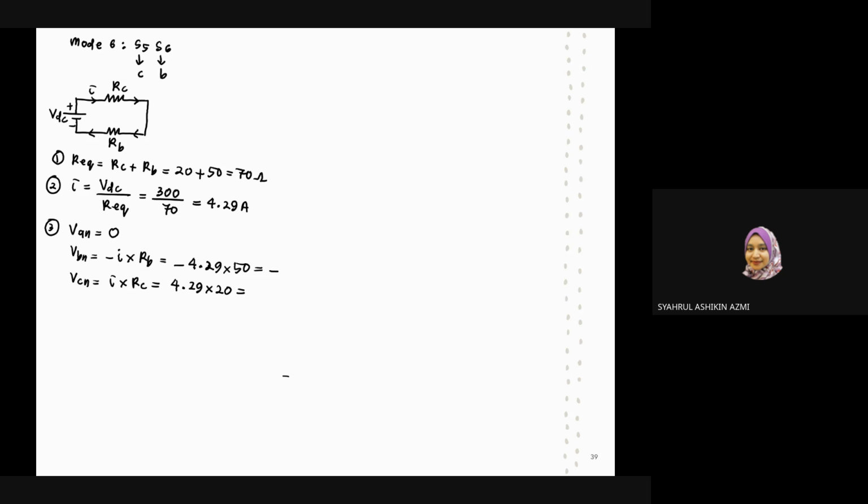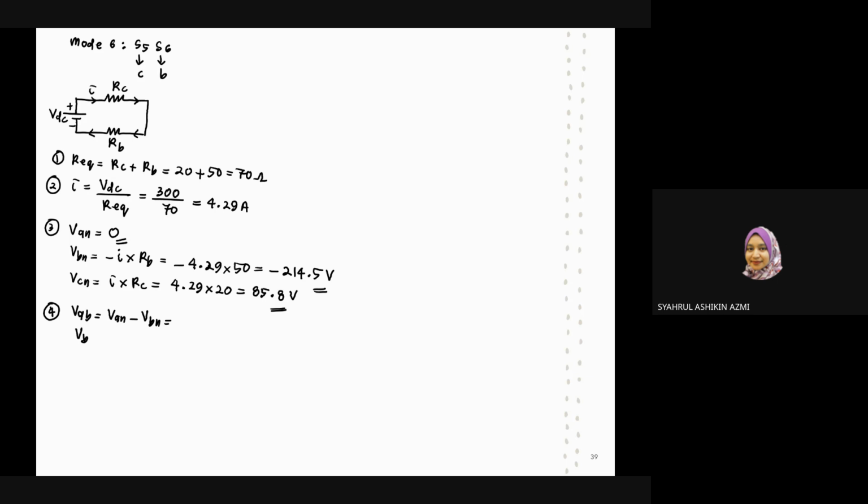Negative 214.5. Okay, so negative 214.5 volt. So that is for VBN. VCN, you get 85.8 volt. Okay, so these are the voltage.